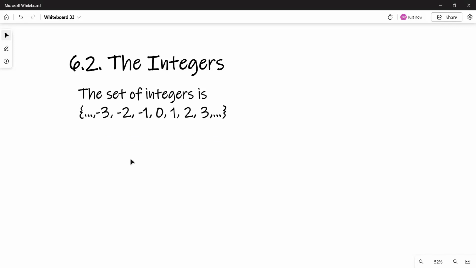So in this section, we will suppose for a moment that we haven't learned how to add or subtract integers. So I'm going to read this part.